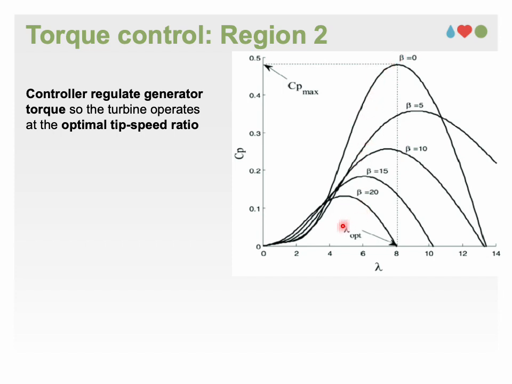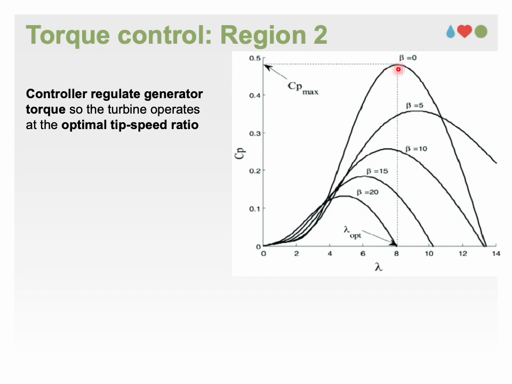As shown in region 2, at zero pitch angle, Cp increases with lambda until it reaches an optimal tip speed ratio, lambda opt, where Cp attains its maximum value.